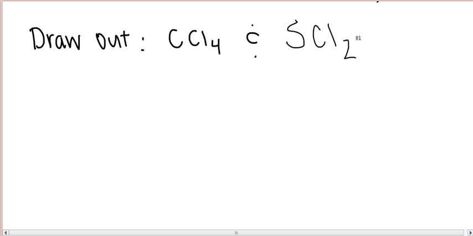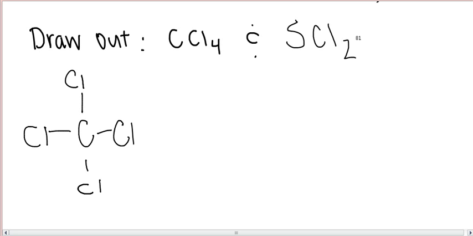Okay, so if we draw out CCl4, we know that C has 4 valence electrons and Cl has 7 valence electrons.